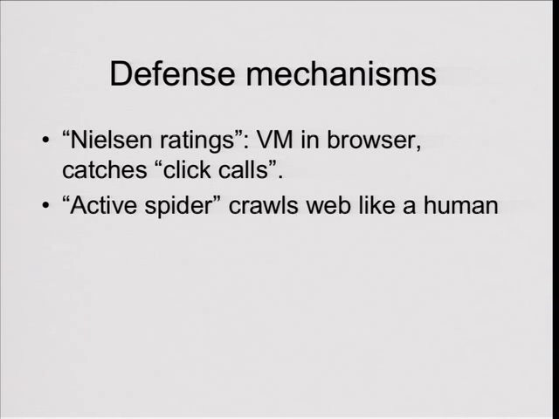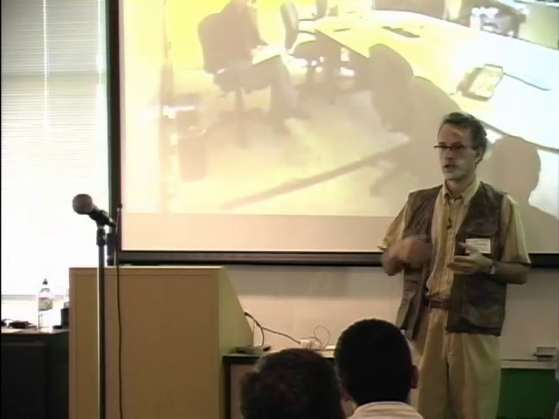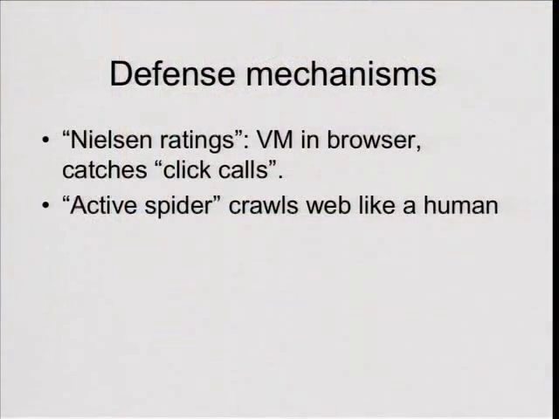And another thing to do would be to have some kind of active spider. Of course, it should not conform to the robots.txt standard. It should go out there and look like an actual human, and it should behave as an actual human. And also have integrated in itself any detection mechanism that checks if ads were clicked on. Now this is quite a heuristic thing, because it could be that this auto-click mechanism would be started only if the user actually clicks on an advertisement.